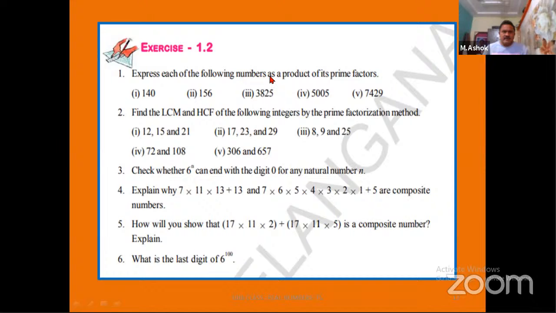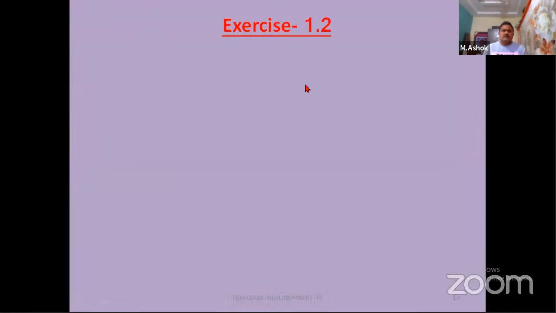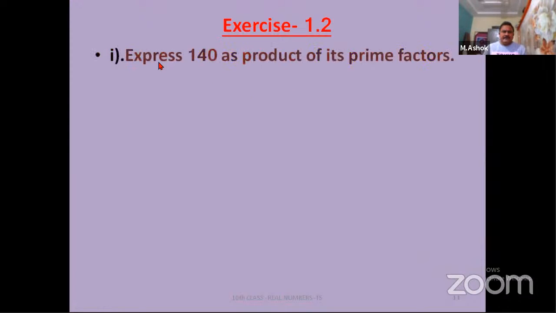Now write 140, 156, 3825, 5005, 7429 as a product of primes. I will tell a few sums. Look at the first one: express 140 as a product of its prime factors.